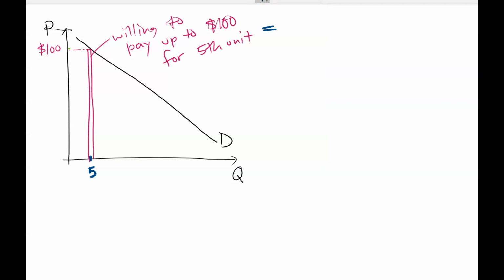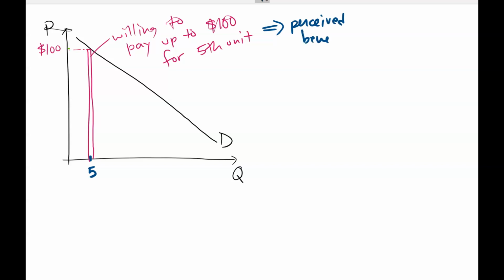So the consumer perceives that this fifth unit is going to bring them $100 of benefit.